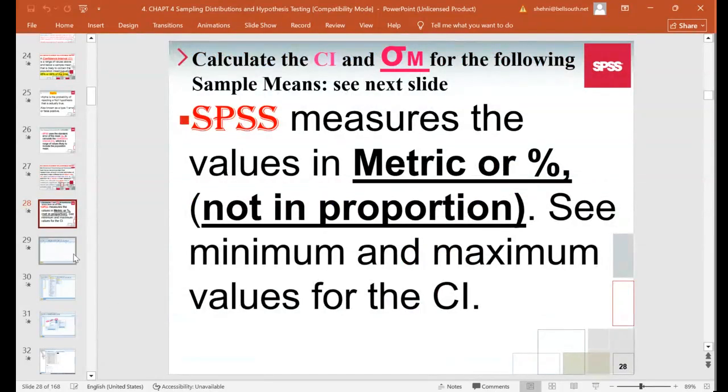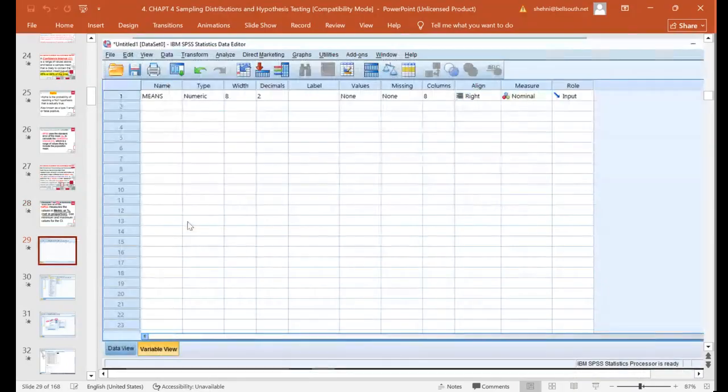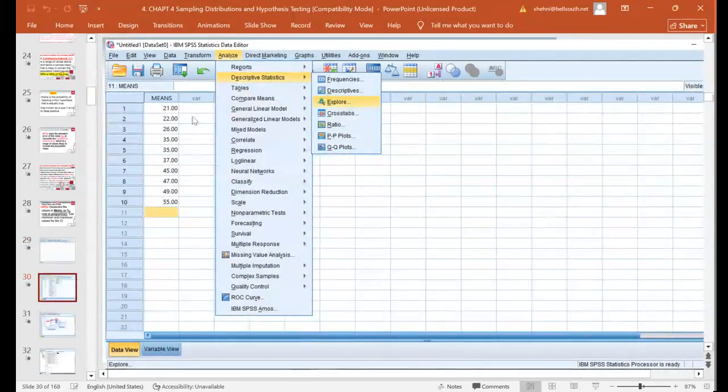So this is how we do it, what we just discussed. If you go to SPSS, right there where it says variable view, type in means, let's say means of the different samples, and you put your numbers. So here they are.